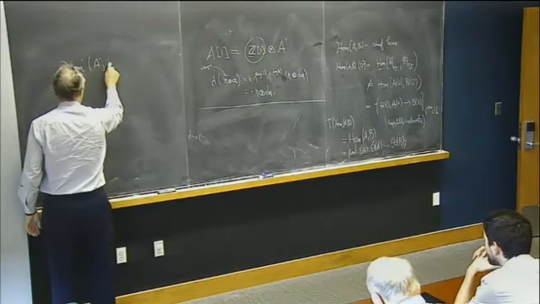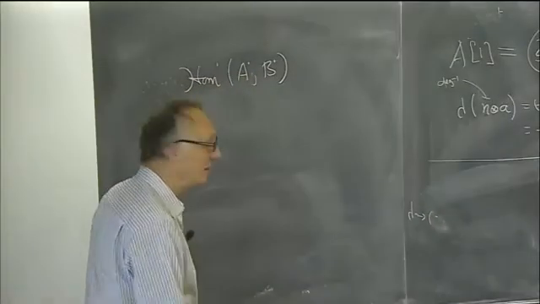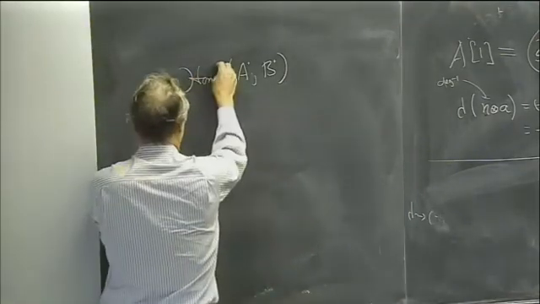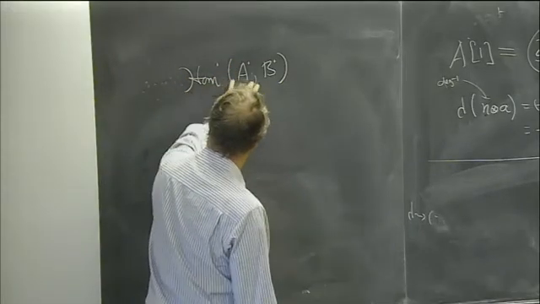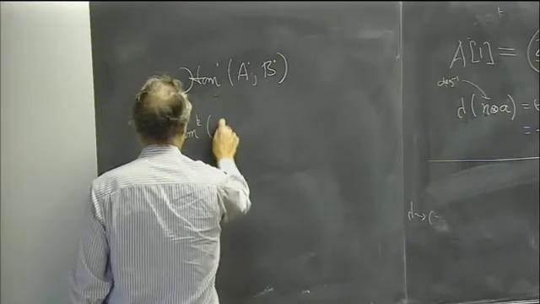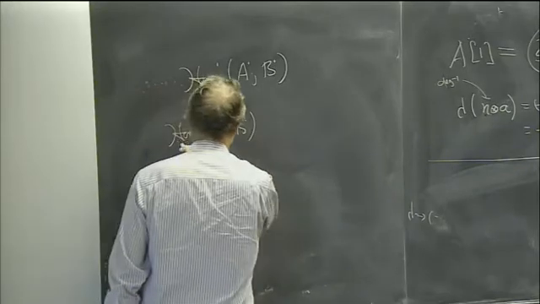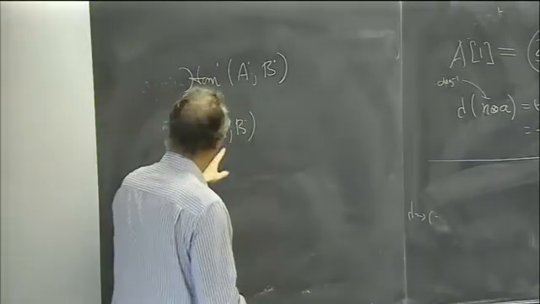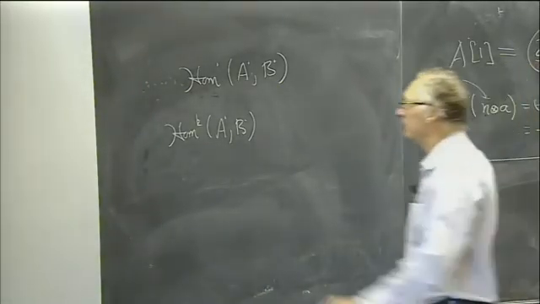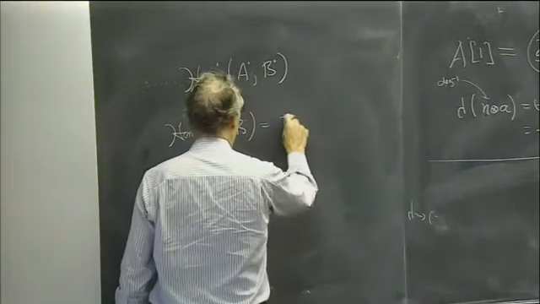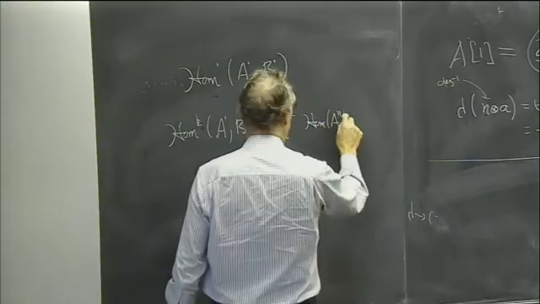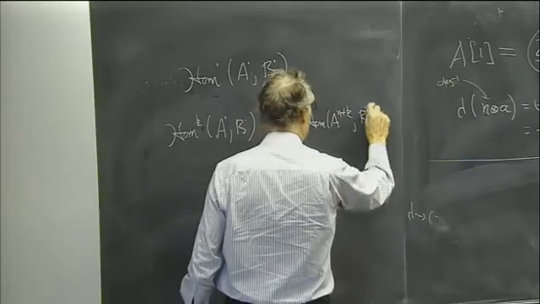So A and B now are complexes of sheaves, and I want to define a new complex of sheaves called Hom, and this little dot is to indicate to you it's a complex, A and B. So Hom K of A, B is simply the sheaf Hom between the A's and the B's that shifts degree by K. So this is the direct product over N of Hom A N plus K into B N.